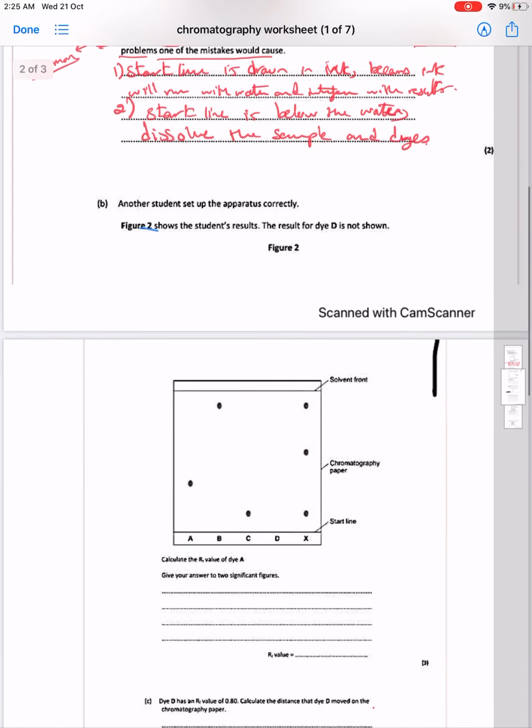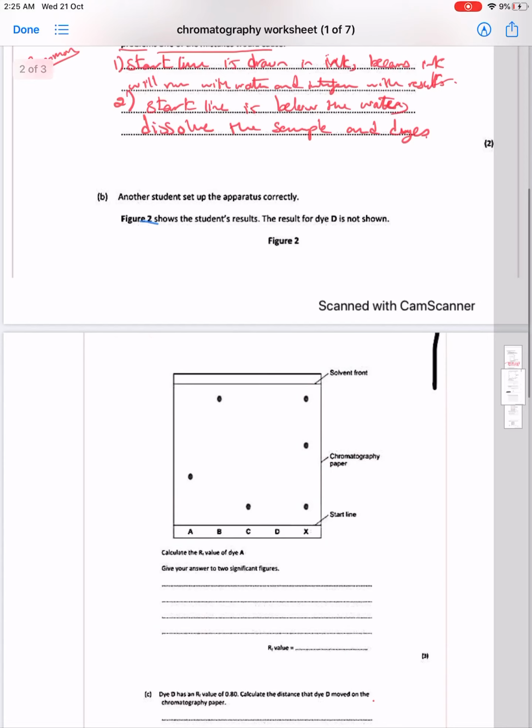And the second part, part B of the question, says that another student set up the apparatus correctly, and these are the results over here. The result for dye D is not shown.